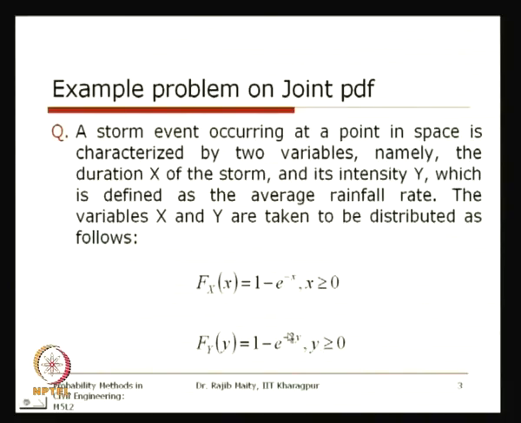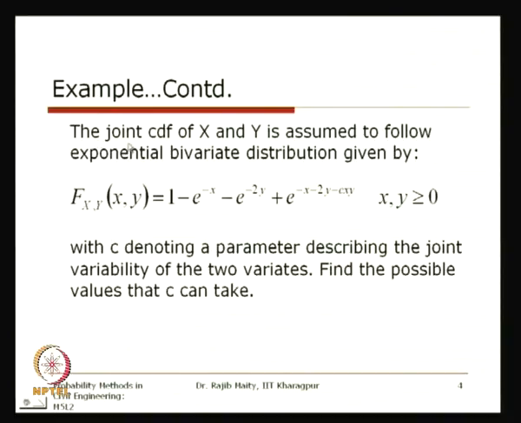Now the joint CDF of x and y is assumed to follow an exponential bivariate distribution given by 1 minus e power minus x minus e power minus 2y plus e power minus x minus 2y minus cxy.